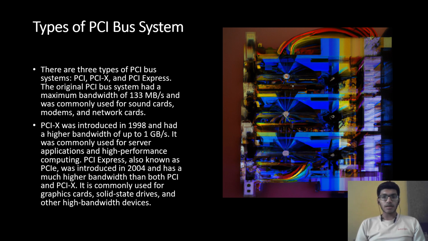So we can use PCI in sound cards, modems and network cards. PCI-X is the medium version of that, and PCIe, PCI Express, is the fastest, and we use it right now in solid state drives and in our graphics cards as well.